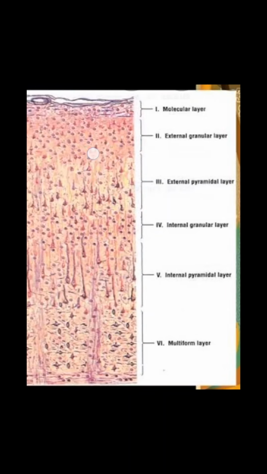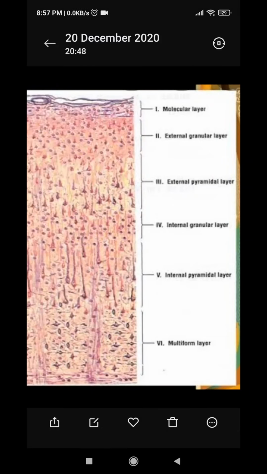So here you can see this is also a histological section, but this is by the silver staining method, not the H&E, because you can see here the axons and the cell bodies, the outlines of the cell bodies, and the axon fibers are visible.